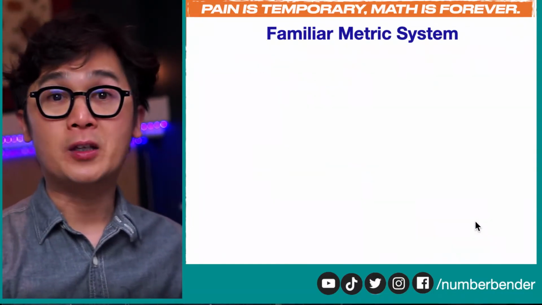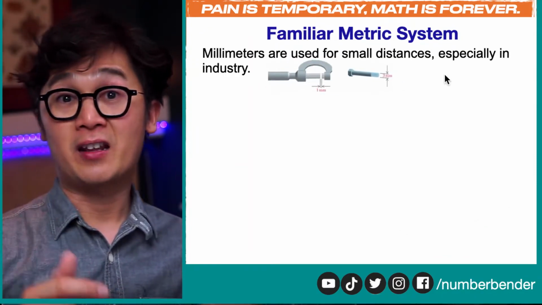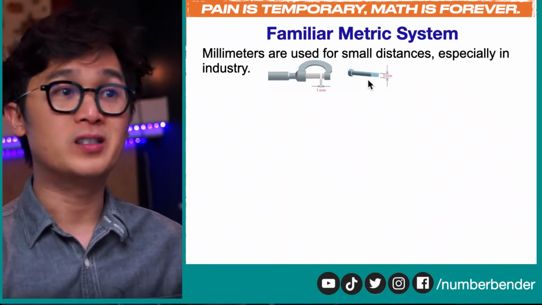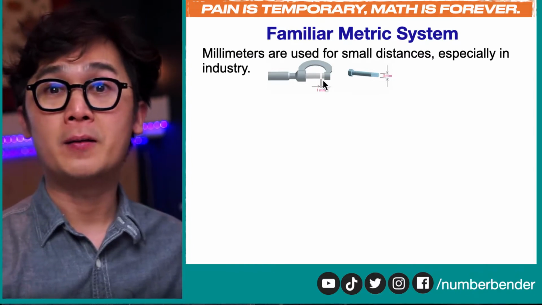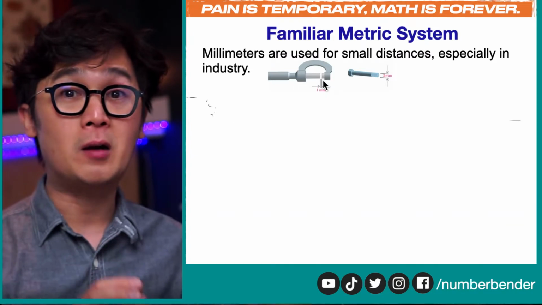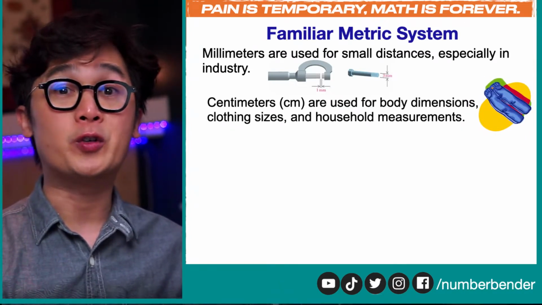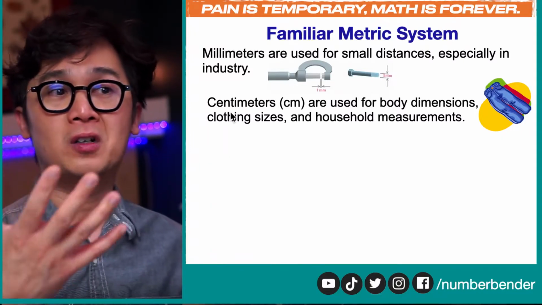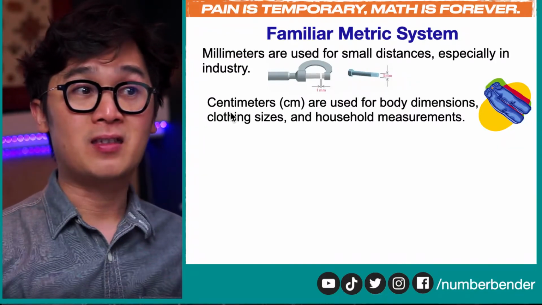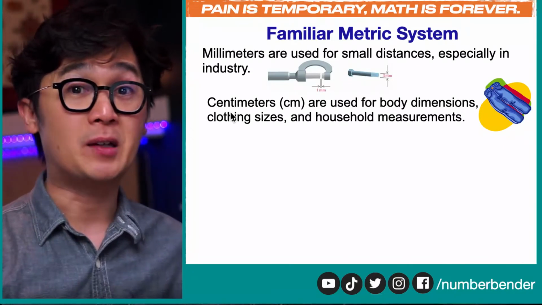And if we are going to be using this system, we're using millimeters to measure things like the diameters of the paper clips from our previous example. For screws and other small units of measurement, we're using millimeters. And if we're using a little bit bigger object, we're going to be using centimeters instead. The length of your clothes is sometimes measured in centimeters.